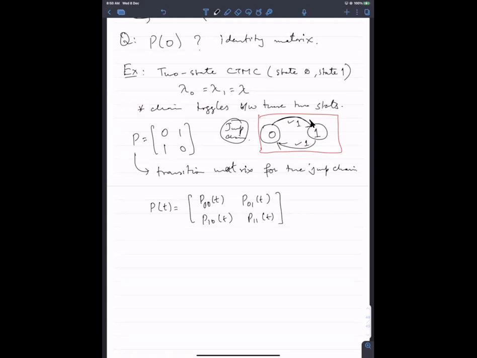Okay, you can find each of these guys by using the definition. P00(t), P01(t), and so on and so forth. Okay? ये सारे हम find out कर सकते हैं. So P00(t), एक example आपको दे देते हैं. P00(t) is the probability that X(t) is equal to 0, given that X(0) is equal to 0.